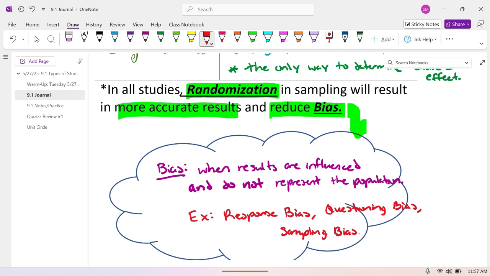Questioning bias is the way you ask the question. All right, sometimes the way you ask a question can invoke a certain response. That's why making a survey, an unbiased one at that, can be really difficult, because you really have to think, okay, if I ask it like this, will they say this? You want it to be as accurate and as fair as possible.